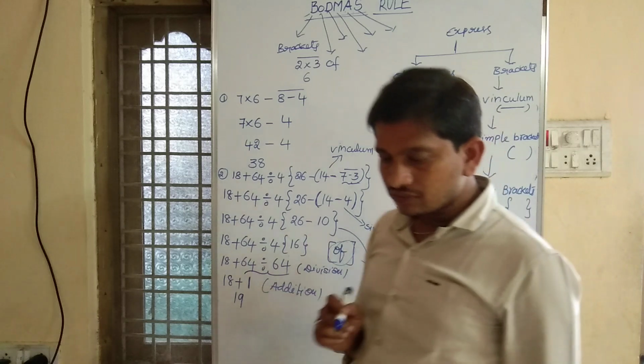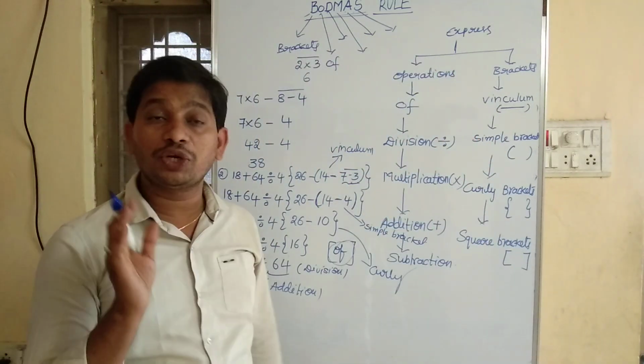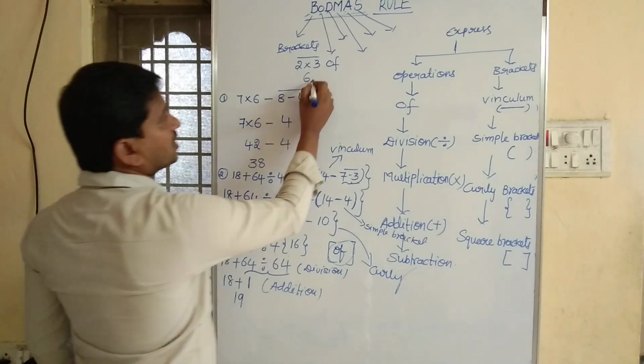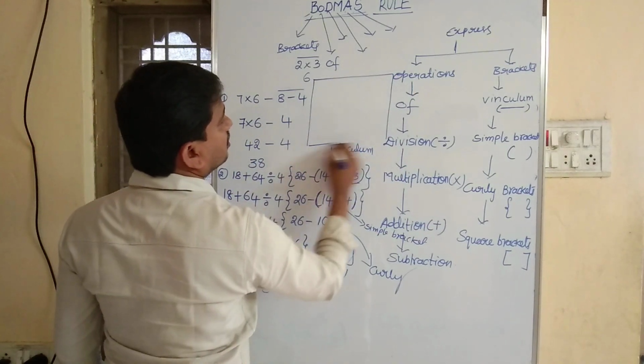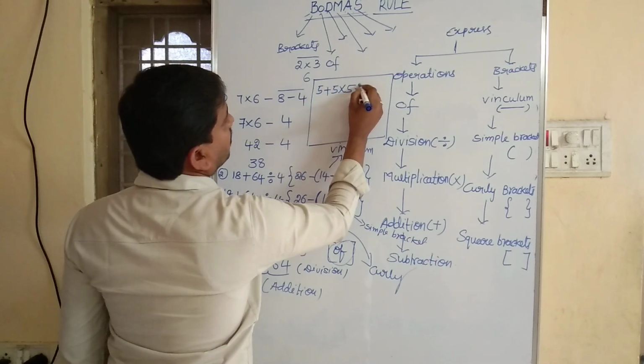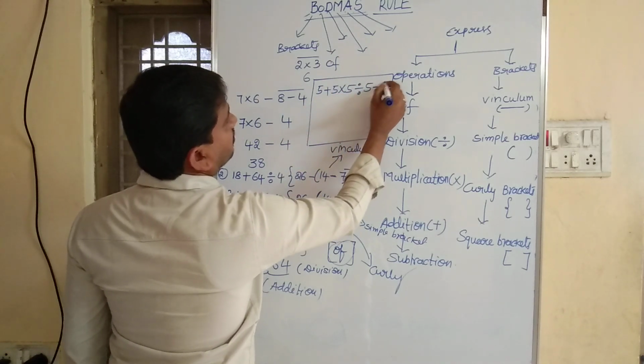Children, when we are solving operations, we need to follow a certain hierarchy. In simple words, let us consider, for example, 5 plus 5 into 5 divided by 5 minus 5.